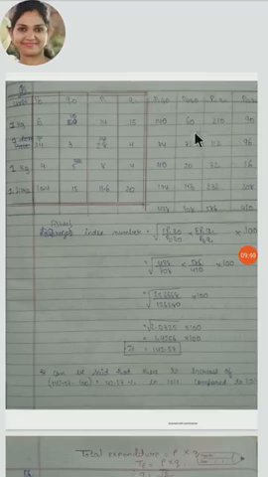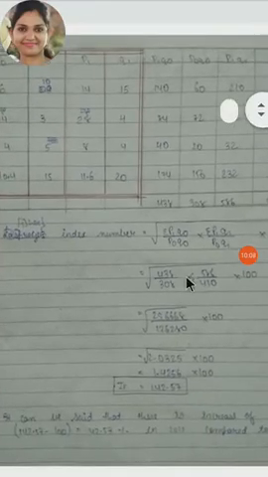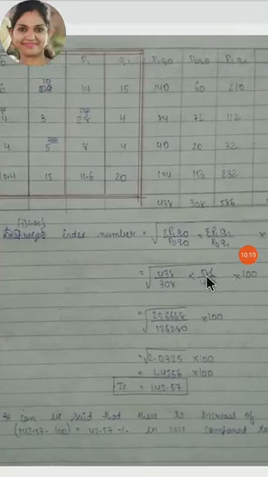So P1Q0, see here, summation of this column we got 438, then 308 into 586 upon 410, out of under root into 100. You have already calculator. So whenever you do multiplication of these two, 438 into 586, you will get this answer 2,56,668 upon 308 into 410.